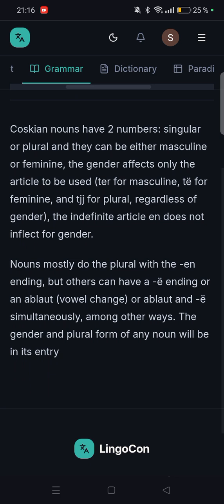So for the plural, mostly it's n. Others can add an ending, they can change the vowel, so ablaut, or you can do the ablaut and the ending at the same time. So Wort, which is an example I have used: you say Wort, but the plural is not worden. No, it's verde.